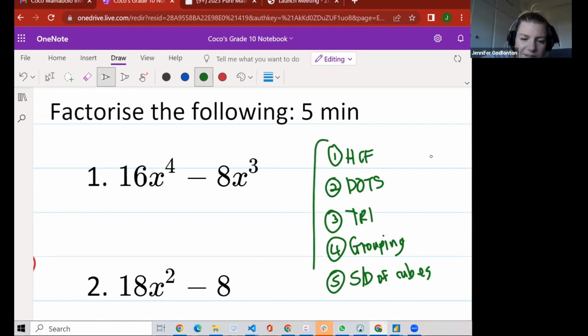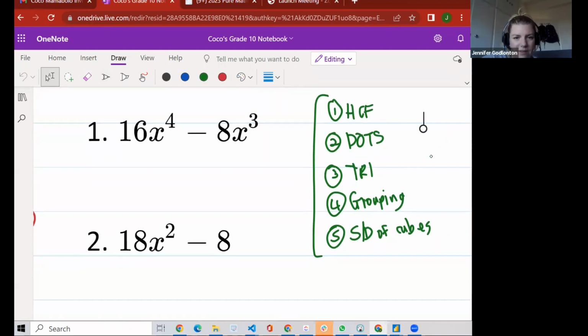So those are our 5 tools that we can work with for factorization. Go ahead and try them out, guys. Give these first 2 a try. And don't be scared. If your answer is wrong, your answer is wrong. It's not the end of the world.